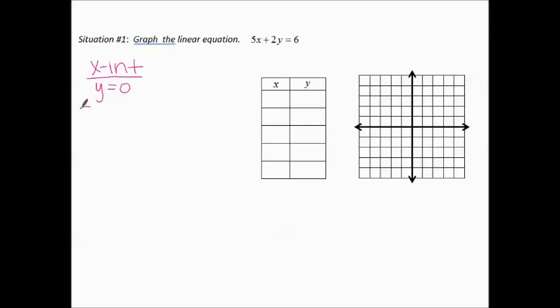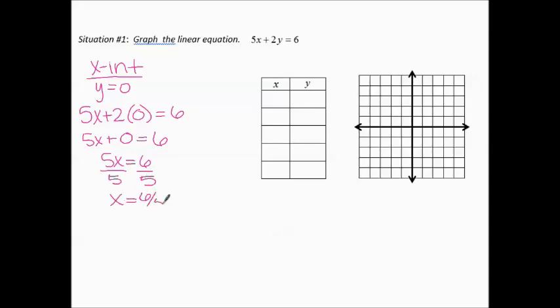I would substitute y with 0: 5x plus 2 times 0 equals 6. 2 times 0 is 0, plus 5x equals 6. 5x plus 0 is 5x equals 6. Divide both sides by 5. x is equal to 6/5. My x-intercept would be (6/5, 0).